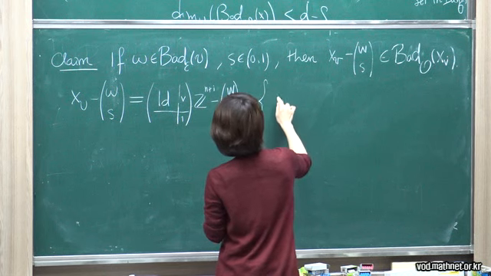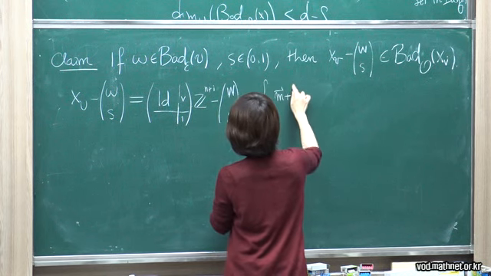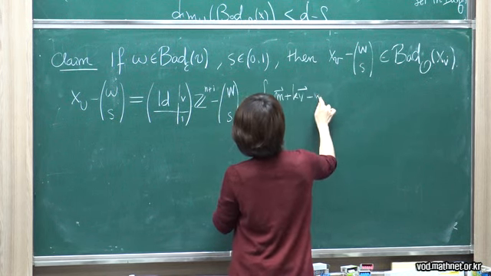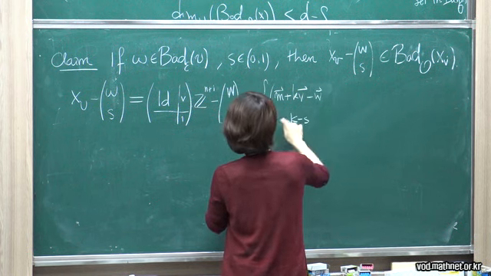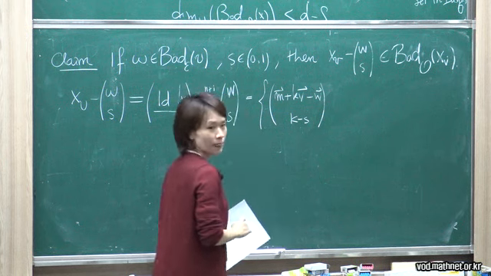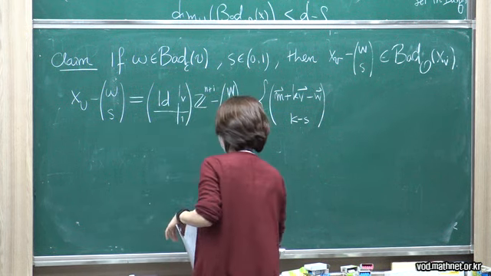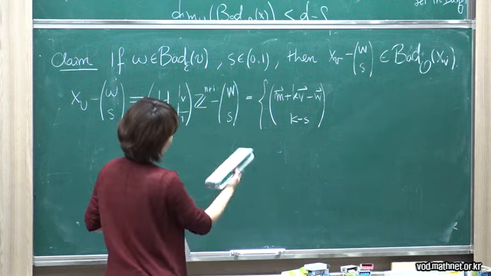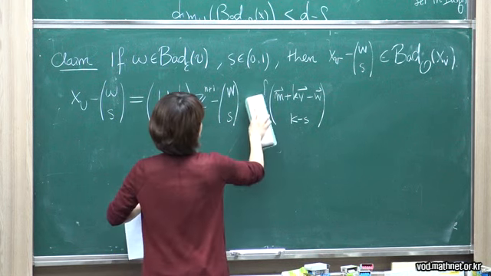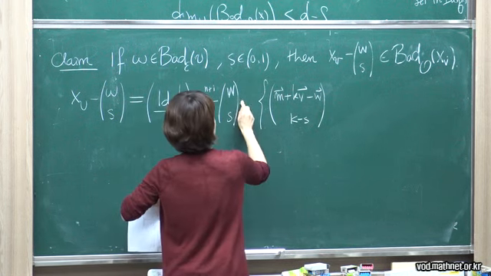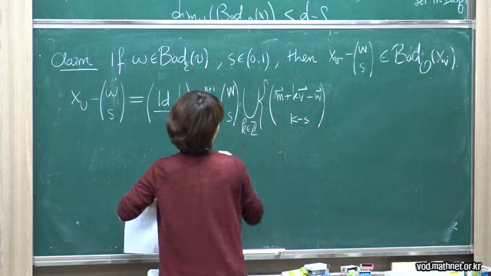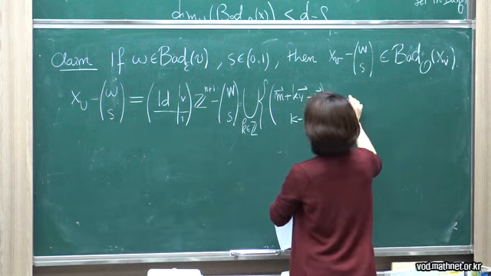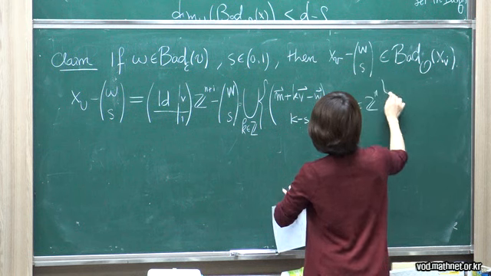Then it is (M plus KV minus W, K minus S), for K integer and M an integral vector. But let's think about this as a union over all K integers and M integral vectors.